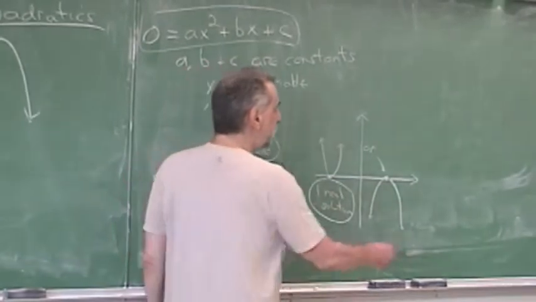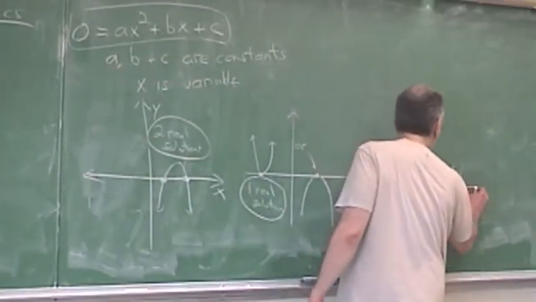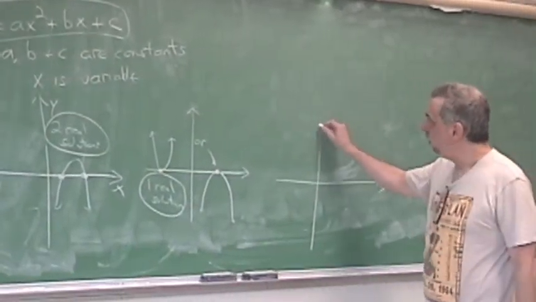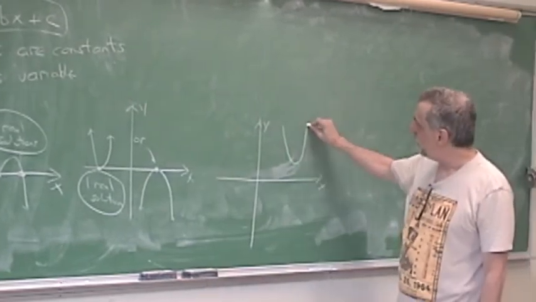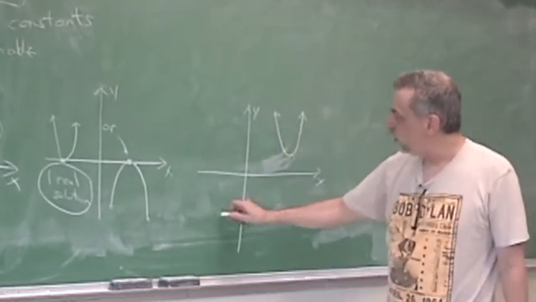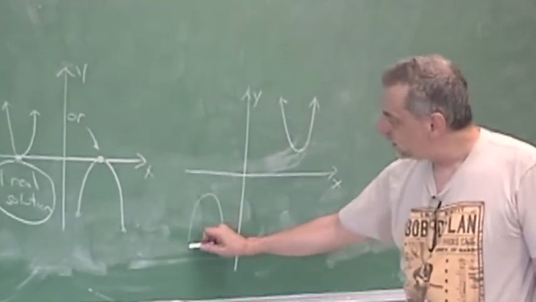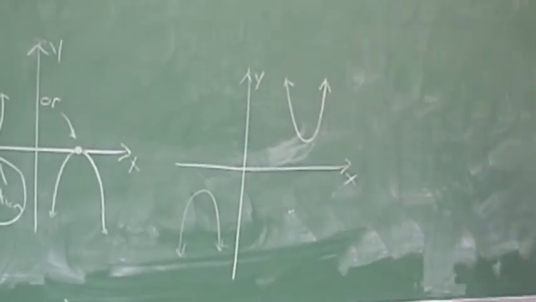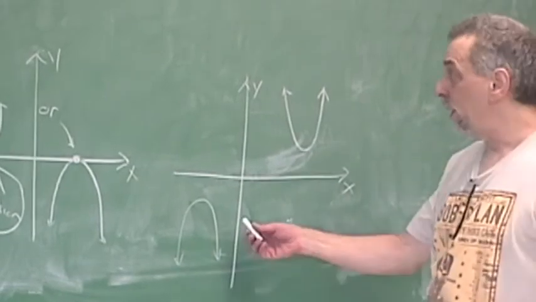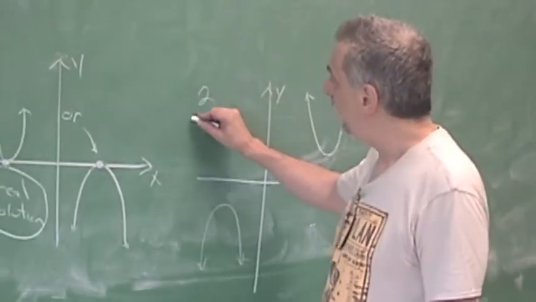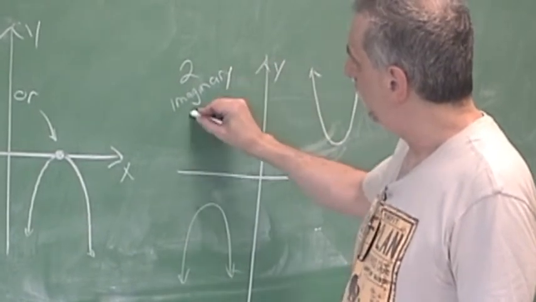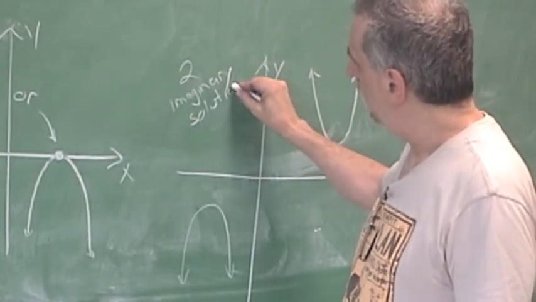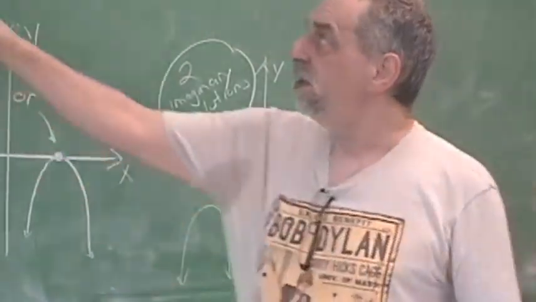And the third option is if the parabola opens up above the x-axis, so there's no x-intercepts, or it opens below the x-axis, going downward, and there's no x-intercept. So here we're going to get two imaginary solutions when we try to solve this equation.